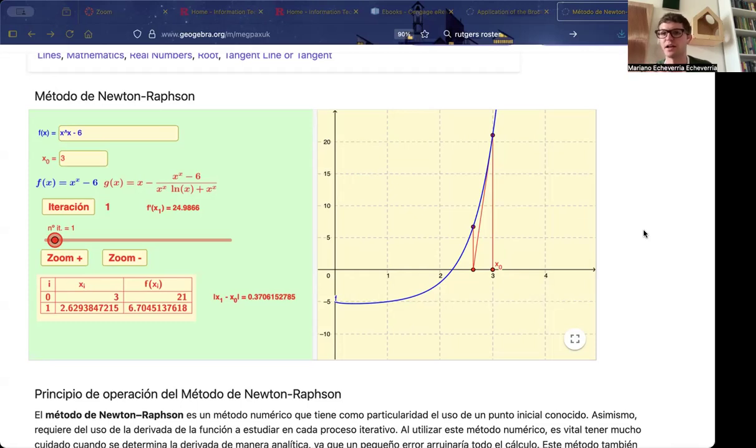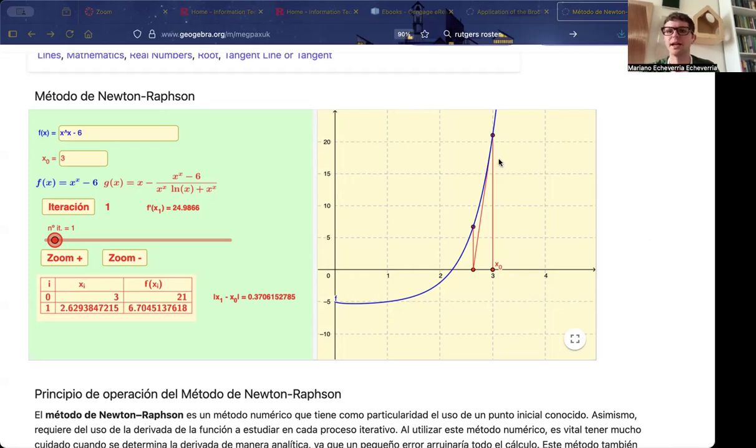Since Newton came up with it, it's one of the original methods for finding a zero, because it basically came up at the same time as calculus was developed. So there are a lot of historical reasons why this method is still discussed in a course on numerical analysis, because it's one of the first ones that was ever found.